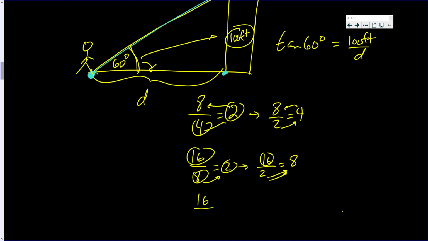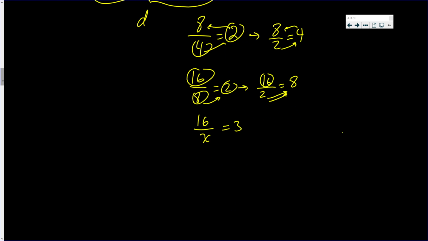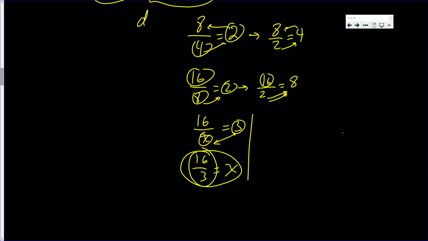So if you ever have 16 over x is equal to 3 and your teacher says solve for x, the problem should take no more than 3 seconds, and there it is. All I do is switch those two. If it was more friendly, less friendly was easy. We couldn't reduce 16 over 3. More friendly would be something like this.